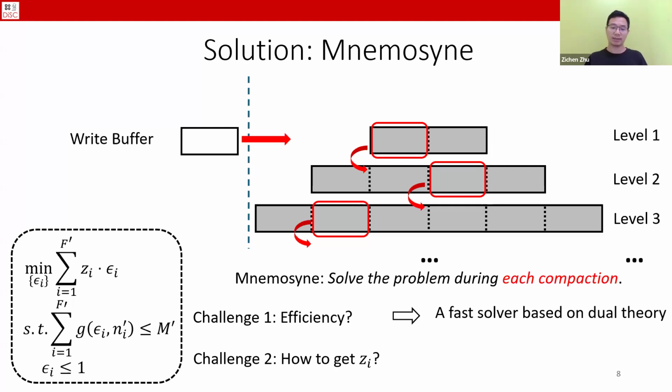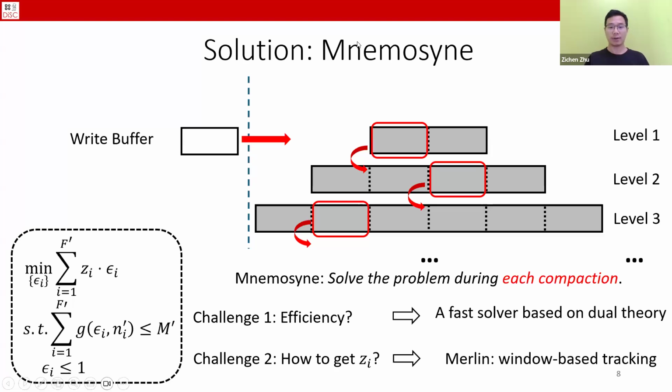The second challenge is how to get the number of empty point lookups. In our work, we propose Merlin, a window-based tracking mechanism, which can provide more accurate statistics, which will be used to instantiate our optimization problem.